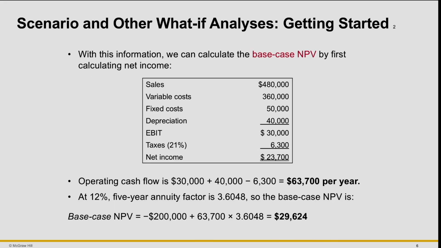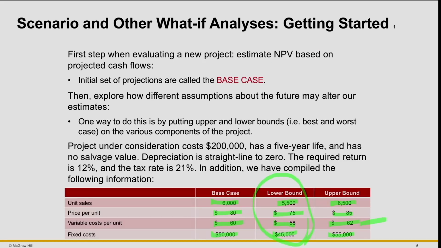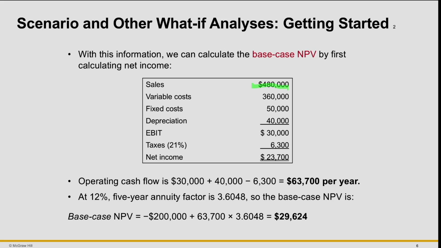All right, so let's look at that base case a little bit further, and let's get a cash flow here. This would be called the operating cash flow. And so we're starting off with sales in the amount of $480,000. We have variable costs. Let's see, we had $60, so that's $60 times 6,000 units is $360,000.